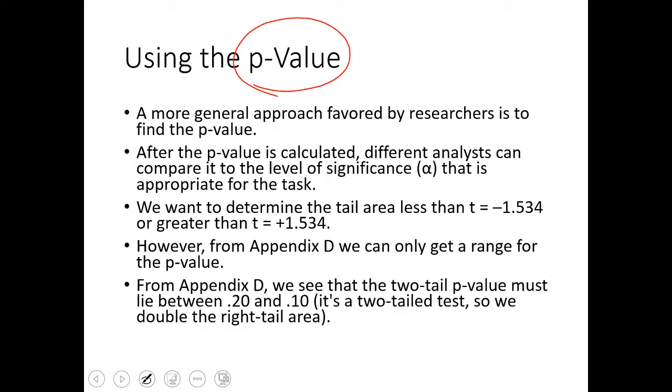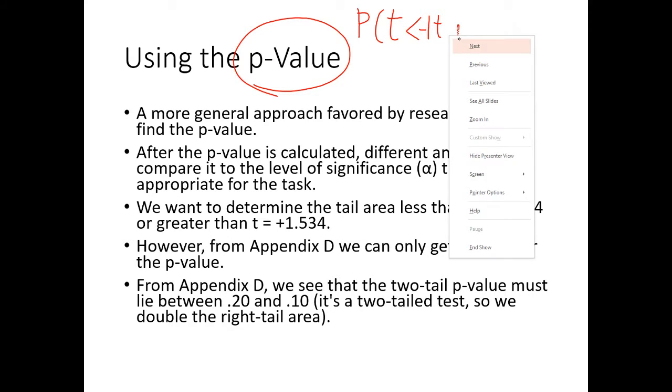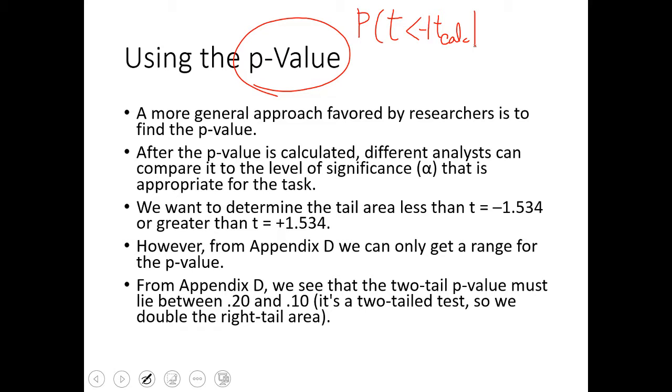The p-value of a two-tailed test, as we studied, is the probability that the t statistic is less than minus the absolute value of t-calc, or the probability that t is greater than the absolute value of t-calc, where t is the t distribution with degrees of freedom 23.